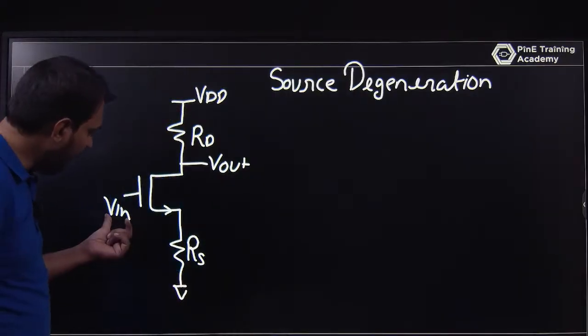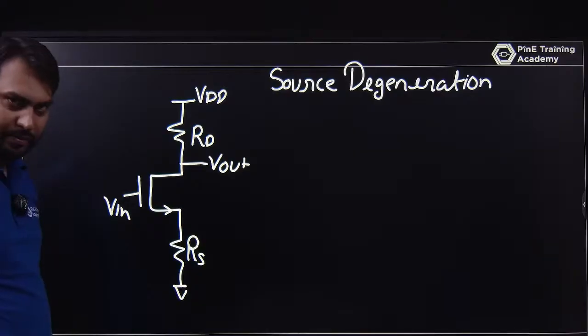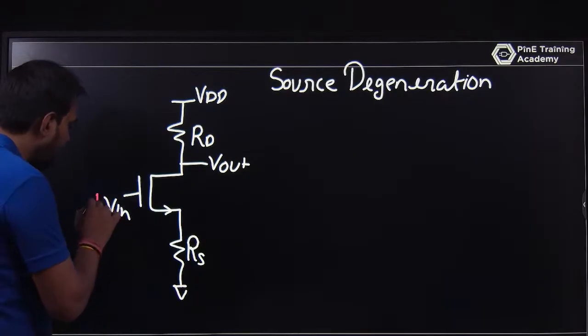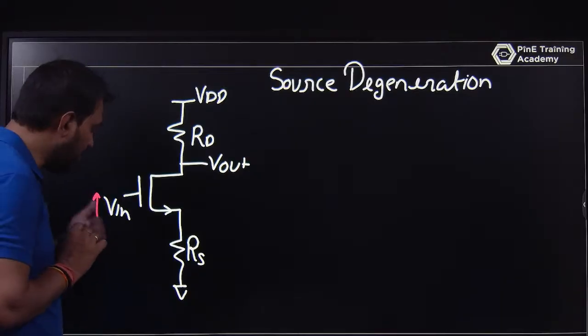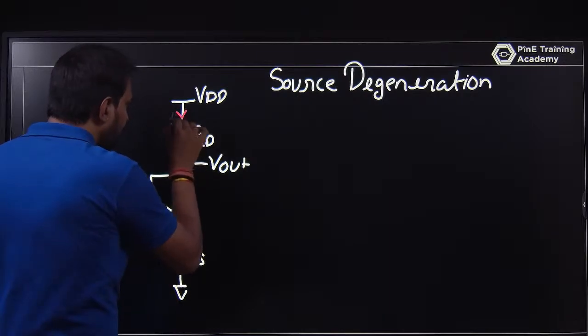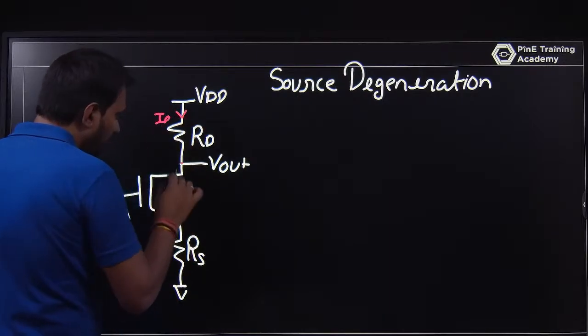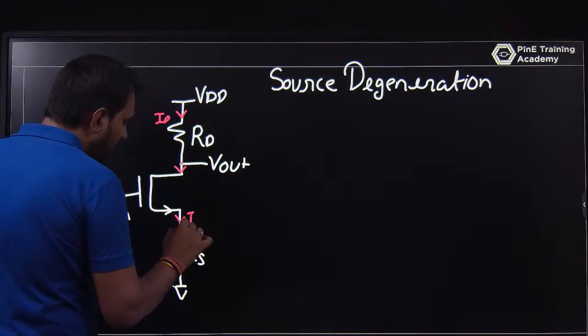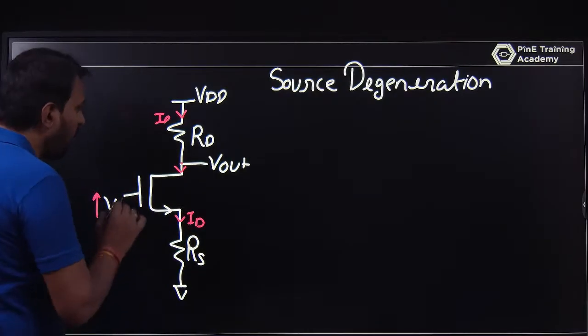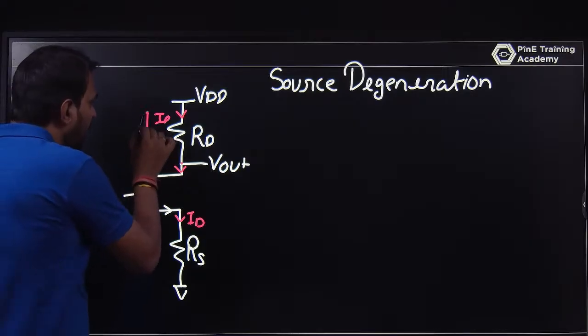Whenever you provide the input voltage, the input voltage will be increased. Let's think that the input voltage increases, the drain current will be the same here also, because they are in series. So if the input voltage increases, the drain current will increase.